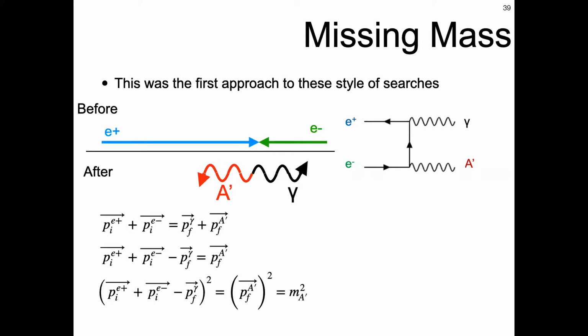So the momentum of the initial electron and positron minus the momentum of the photon, squared, is just going to be equal to the mass squared of the dark photon. So you can solve for the momentum of the dark photon, and then you can just take the magnitude and get the mass of the dark photon squared just by knowing the momentum of the initial electron and positron and the photon. So this gives us a variable we call missing mass.